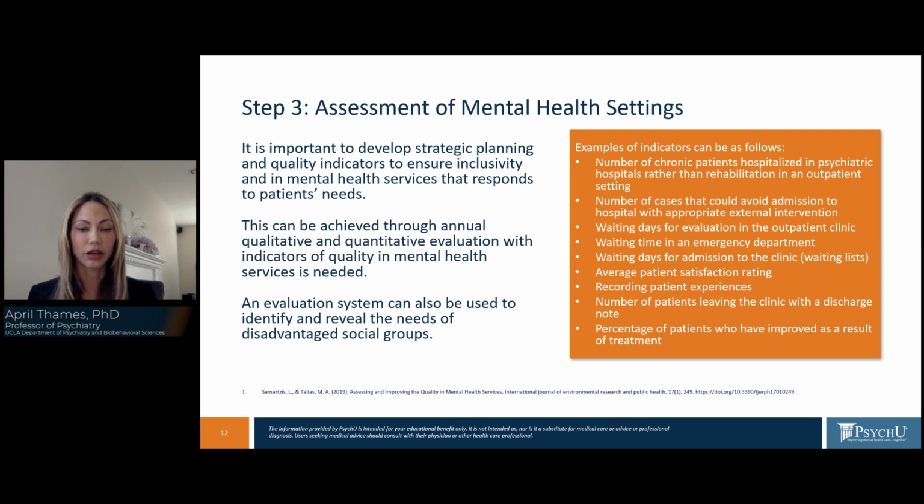We can think about how well we are reaching target goals. There are several examples of indicators on the slide, but I'll just name a few that I think are important. Thinking about the number of cases that could avoid admission to the hospital with appropriate external intervention, I think we need to move in the space of prevention.